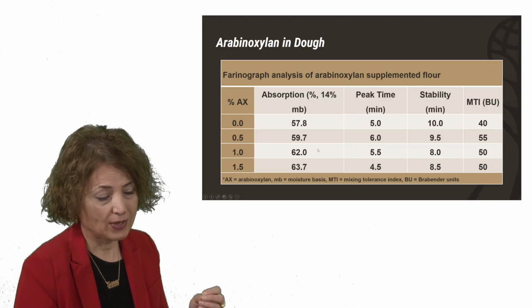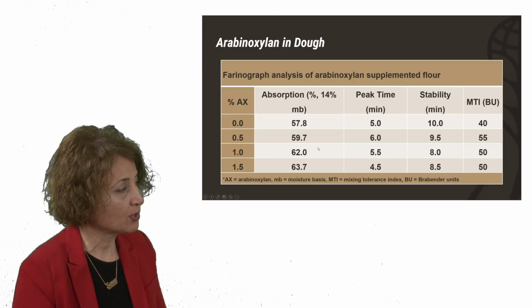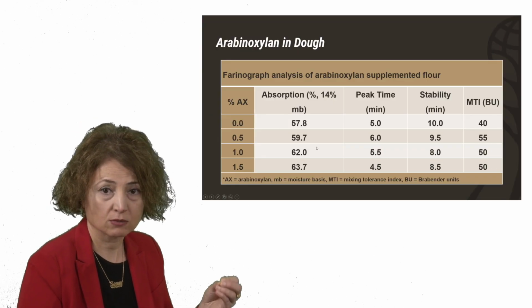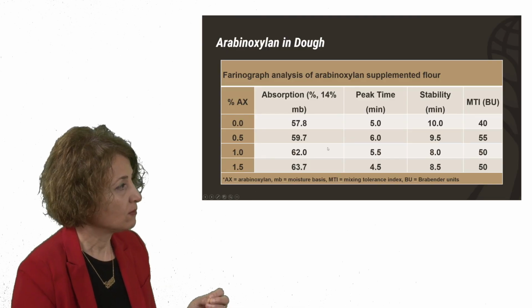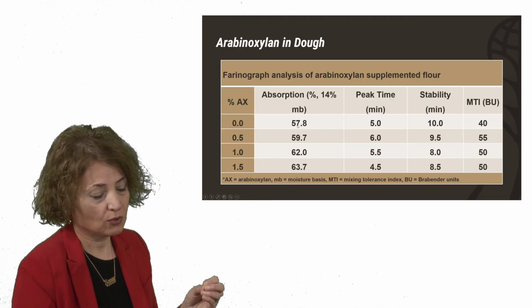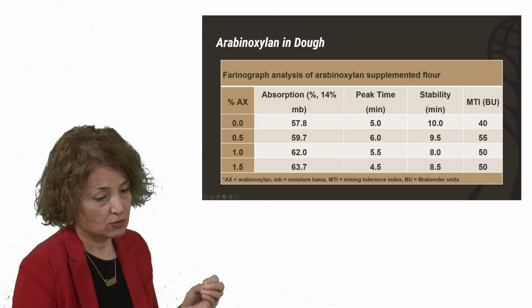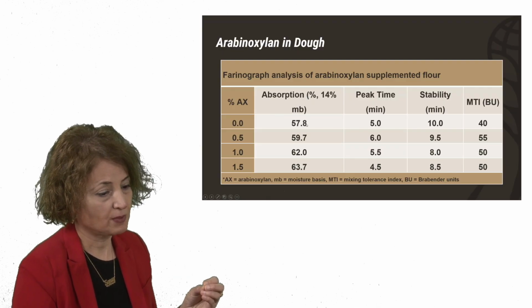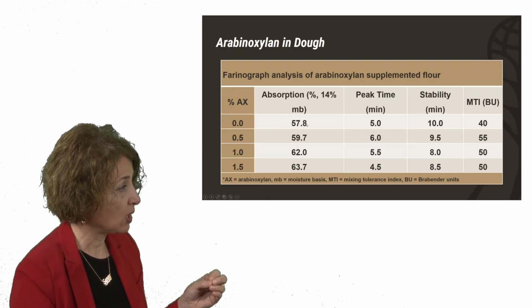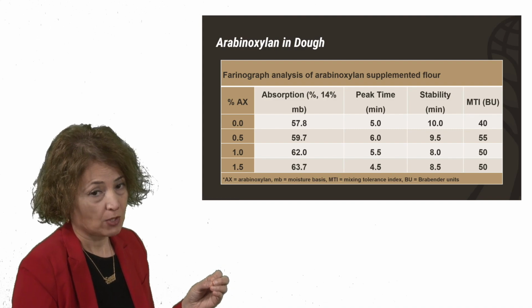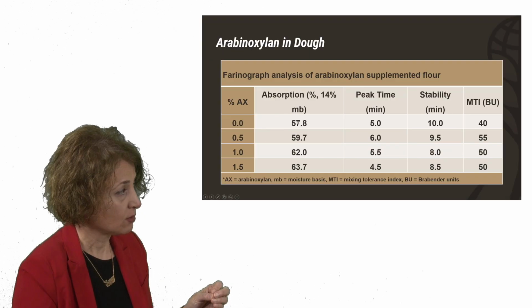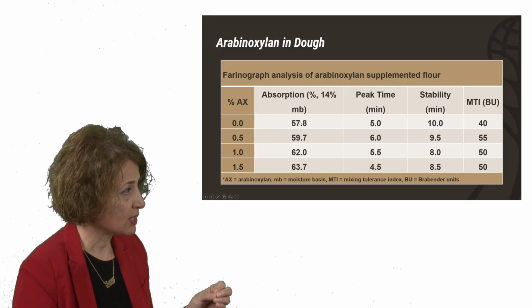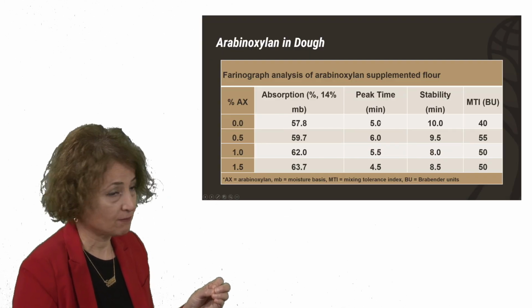So first we wanted to see how arabinoxylans are impacting water absorption, the water holding capacity of bread wheat. If you look here, water absorption at 14% moisture basis in the control flour with no additional arabinoxylan is almost 58%, and the stability is 5 minutes.